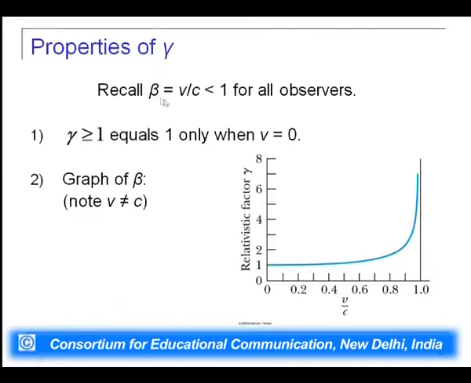Properties of gamma: recall beta, which is equal to v by c, must be less than 1 for all observers. Then gamma must be greater than or equal to 1, equal to 1 only when v is equal to 0. The value of v is not equal to c.